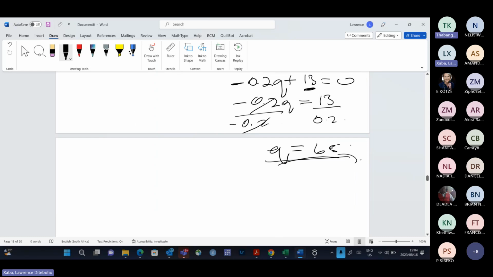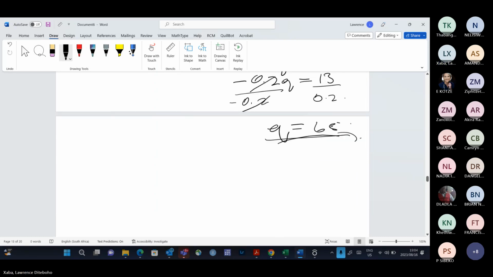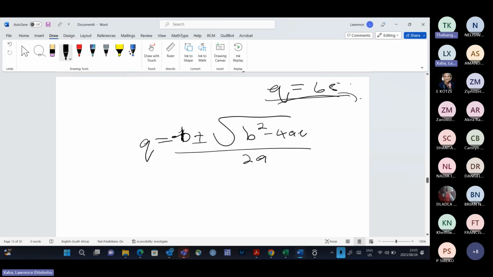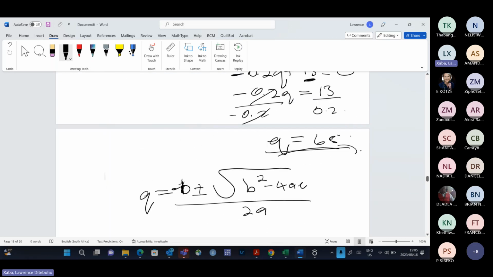Because we're saying we want q, let's try this formula and see. Negative b plus or minus the square root of b squared minus 4ac. Just to see if we can maybe simplify our problem.